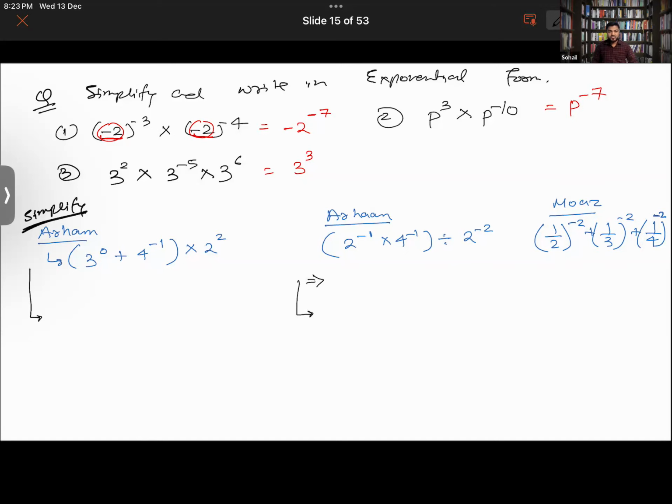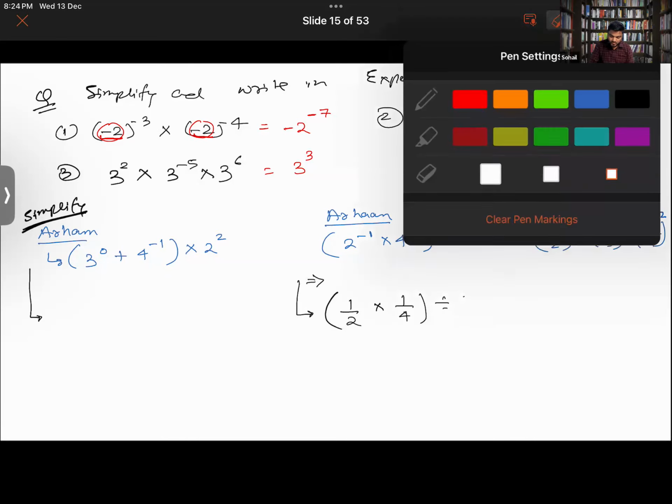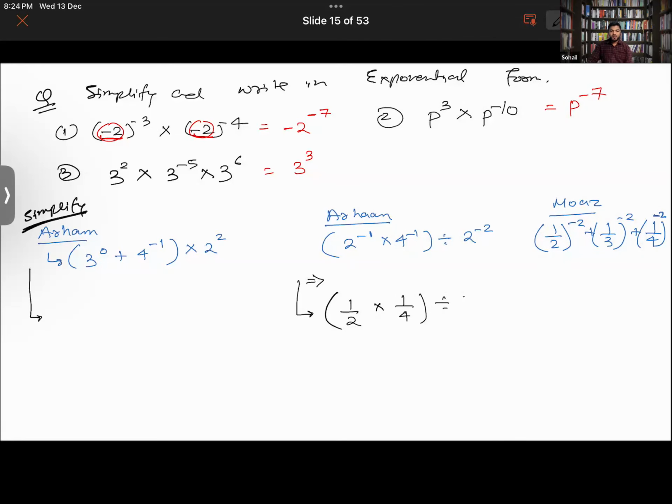Because Arhan sent the first question's solution. Look here. It would be 1/2 times 1/4, divided by 2 raised to the exponent -2, or we can write it as 1/2 raised to the power. Simply write it as 4. We have simply written it as 1/2, 1/4.